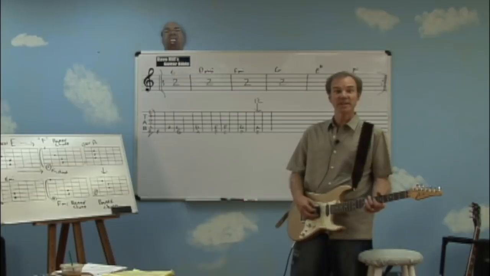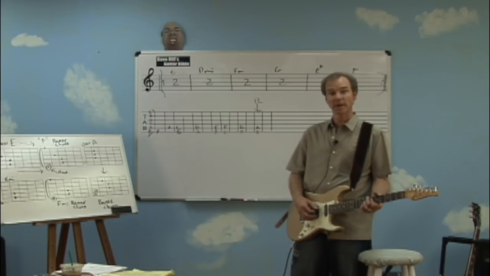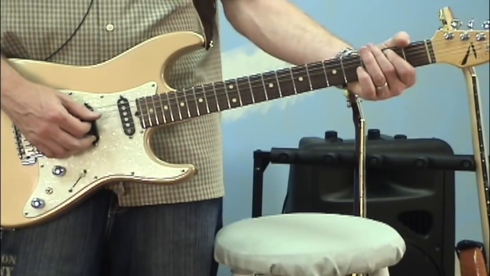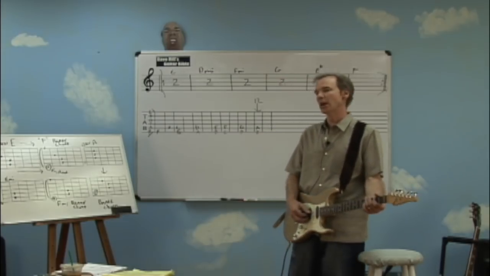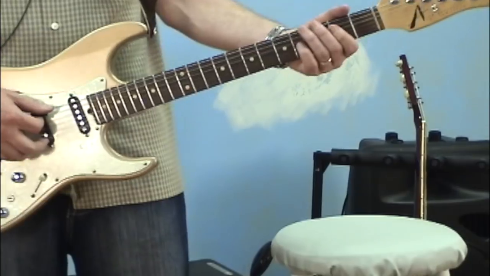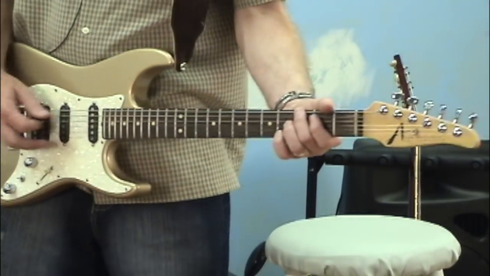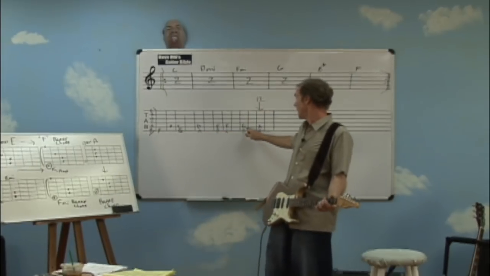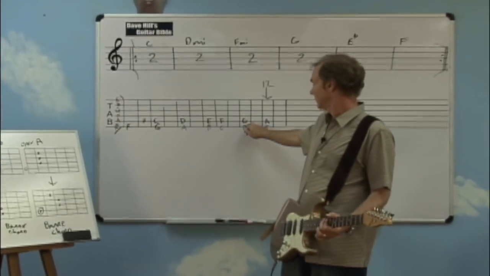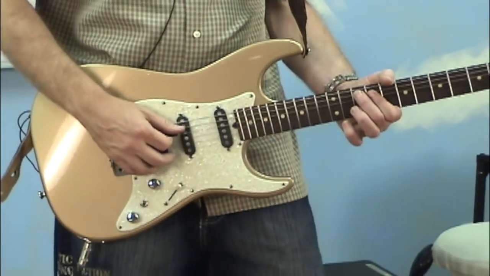Okay, now the B on the A string is going to be right here. Okay, you follow what I'm going to do? Okay, good. Let's go to the G on the E string. Okay, how about the G on the A string? Great.